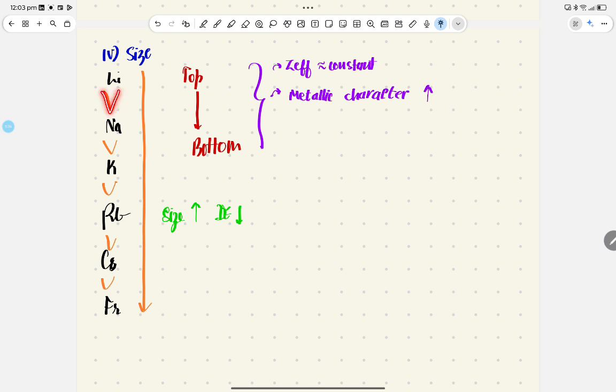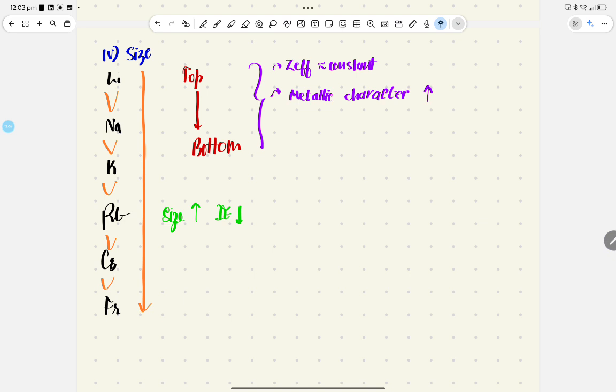Which means the smaller the size, the more the ionization energy, and the more the size, the less ionization energy it requires. As you go from top to bottom, the size is increasing. So francium needs less ionization energy, whereas in the case of lithium it's the maximum.